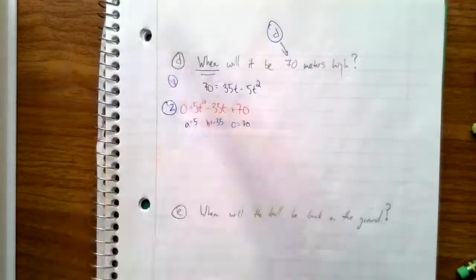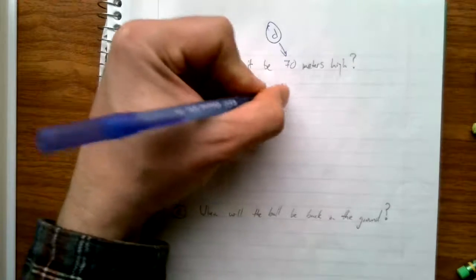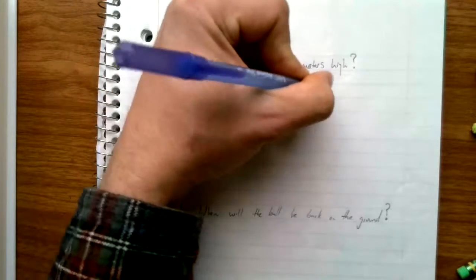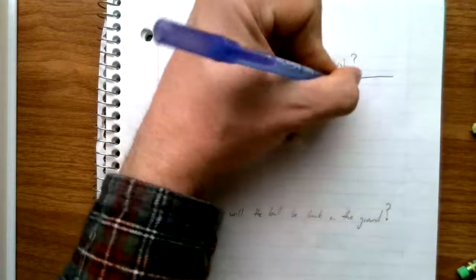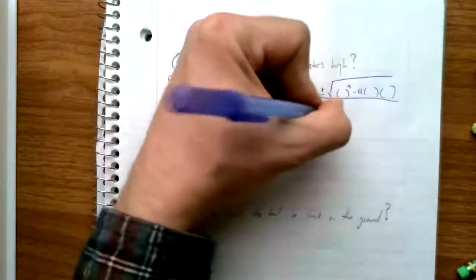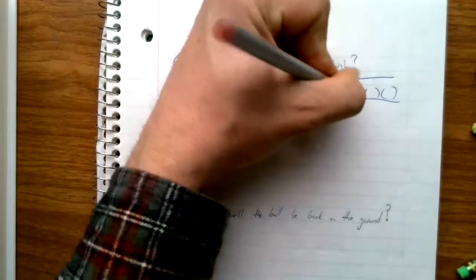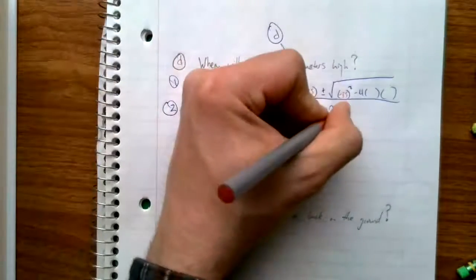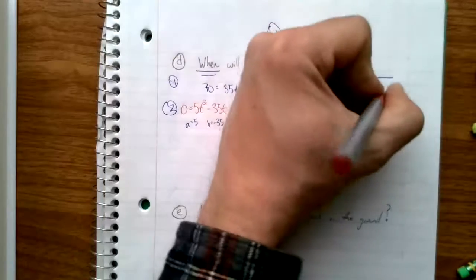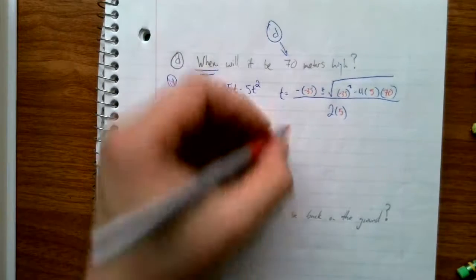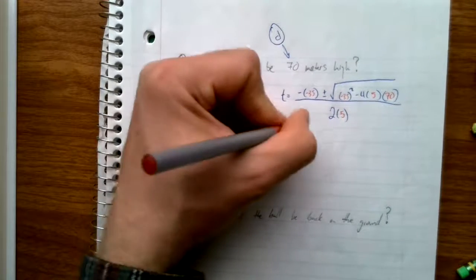So we are going to plug that information into our quadratic formula, thusly, and 70. Once again, we're going to clean this up a little bit first.